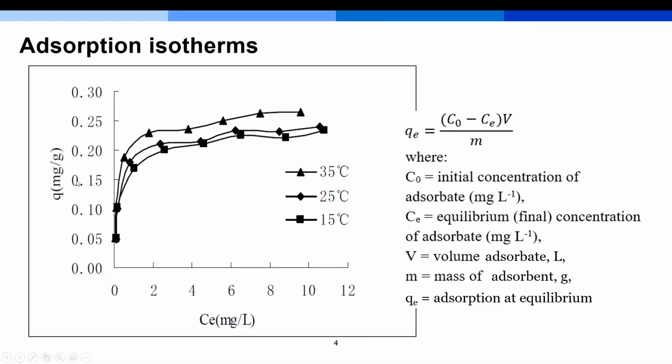And on the y-axis we have Q, or QE sometimes, it's described as, which is the adsorption at equilibrium. So QE is represented through this equation here, which just incorporates the initial and the final concentration of your adsorbate, in this case that was copper, times the volume of your solution that you used, and also divided by the mass of your adsorbent.